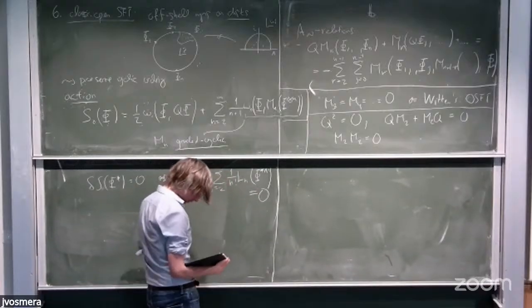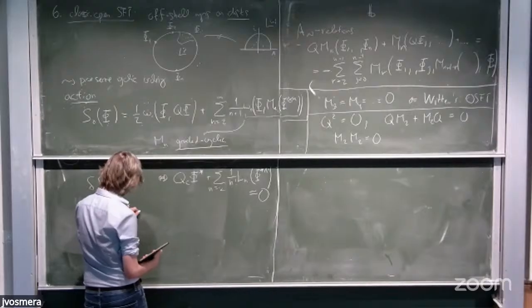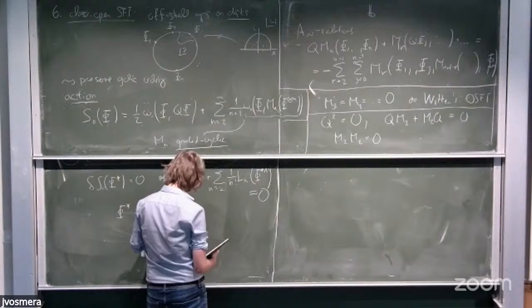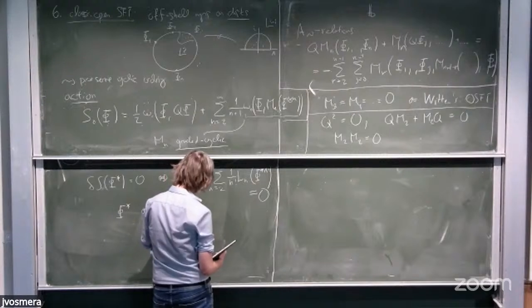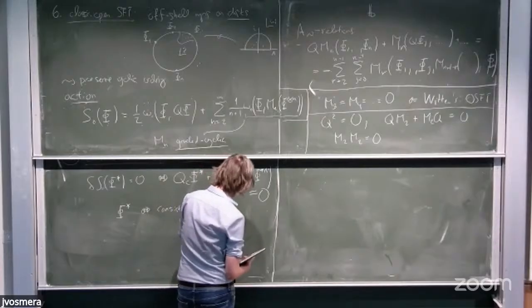So then the statement is that the solutions phi star would be in one-to-one correspondence with consistent backgrounds.